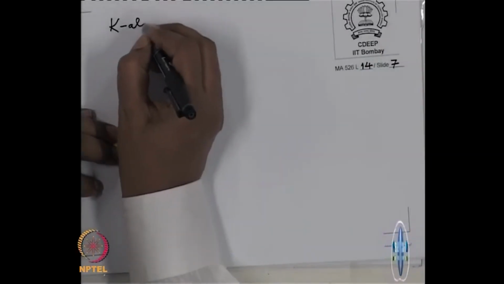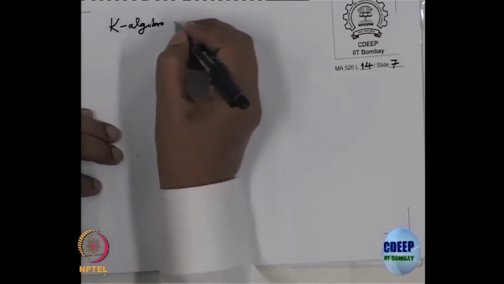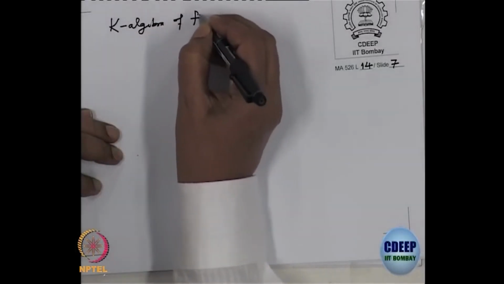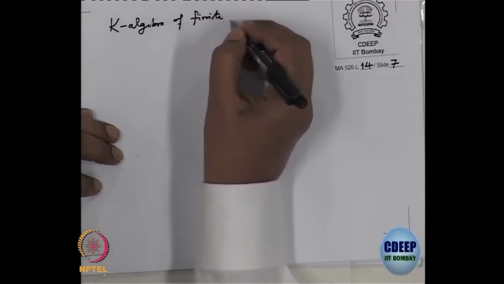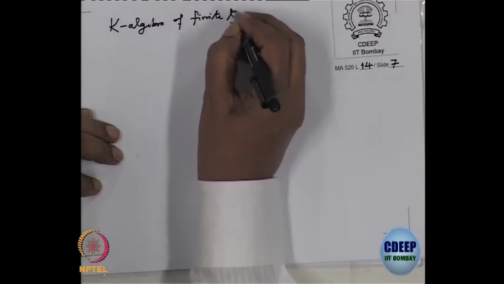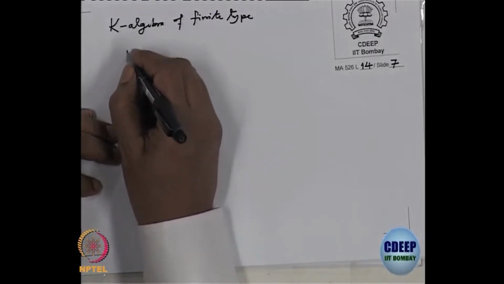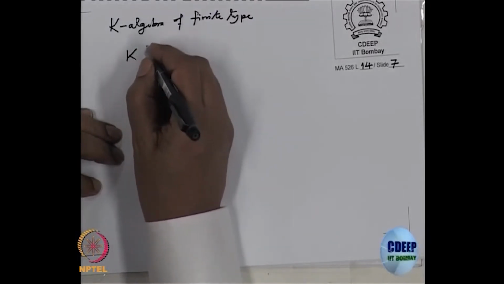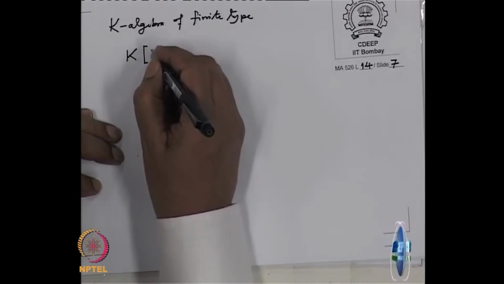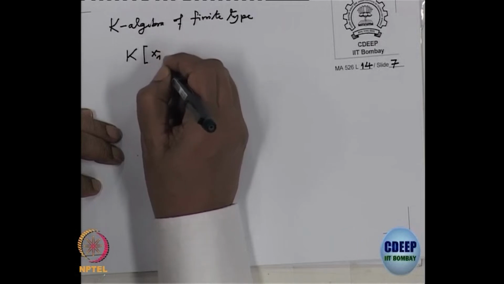Okay. So, if you have a finite type K algebra, I will denote it by K small x1 to small xn.